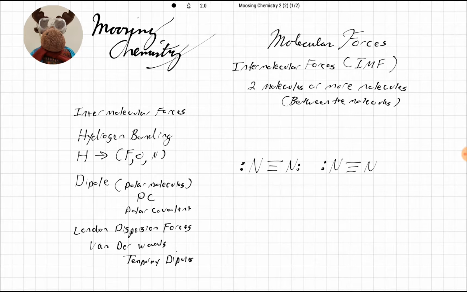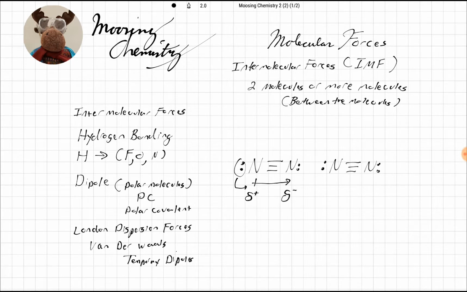And this is the classic one where, let's say, these unshared pair electrons are temporarily attracted towards this direction. And when they do that, this nitrogen is becoming positive, and this nitrogen is becoming negative.